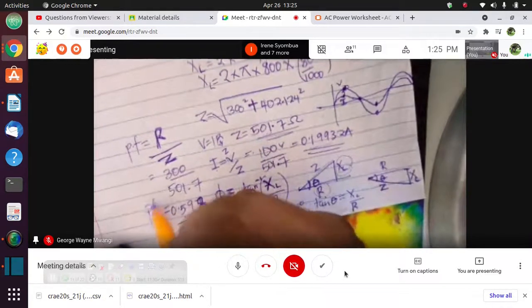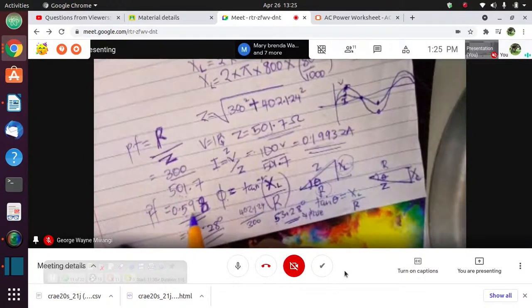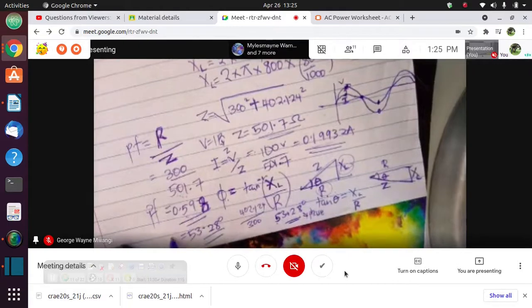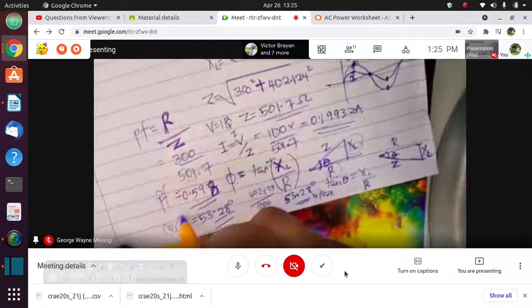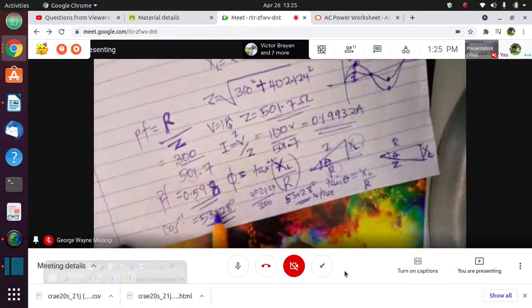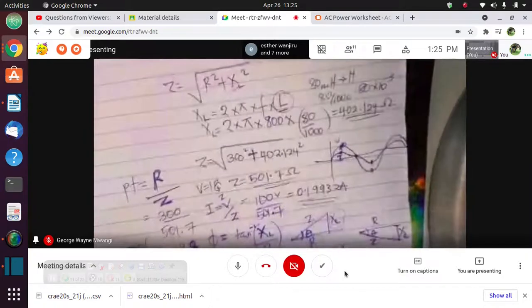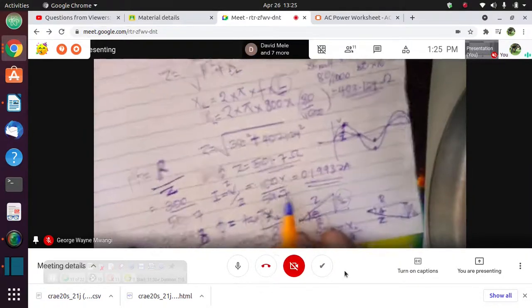Therefore, our power factor will be 300 divided by 501.7 to give you 0.597 as the power factor. If you find the cos inverse of that, it will give you the same phase angle, 53.28. The angle that the voltage or the current is lagging or leading each other.